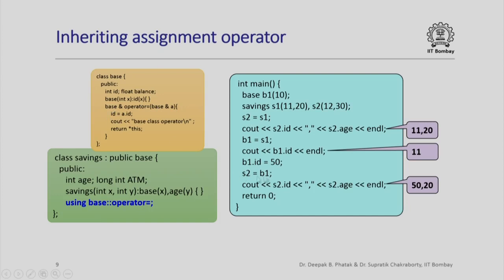And so basically when this assignment happens, this method is executed, s2.id is set to b1.id, this message is printed out, so you will see base class operator being printed out, and after that if you want to print out s2.id, you will basically get the value of b1.id, which is 50, but this method does not change s2.age, so therefore s2.age will stay same as before. We have already seen this earlier.